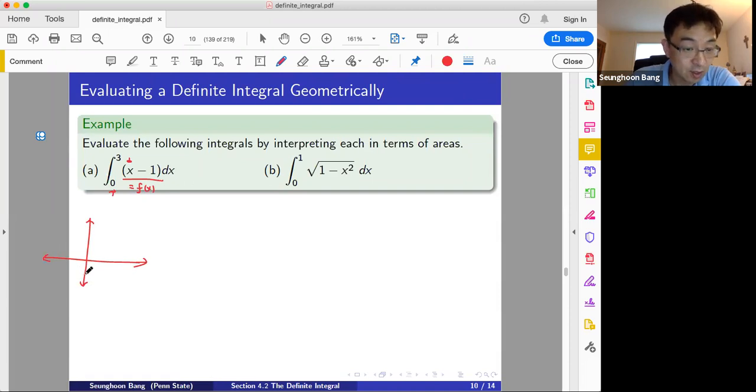What does it mean? At 0 it has minus 1. It's like the starting point. You can plug in 3. 3 minus 1 is 2. We have here the 3 and 2.